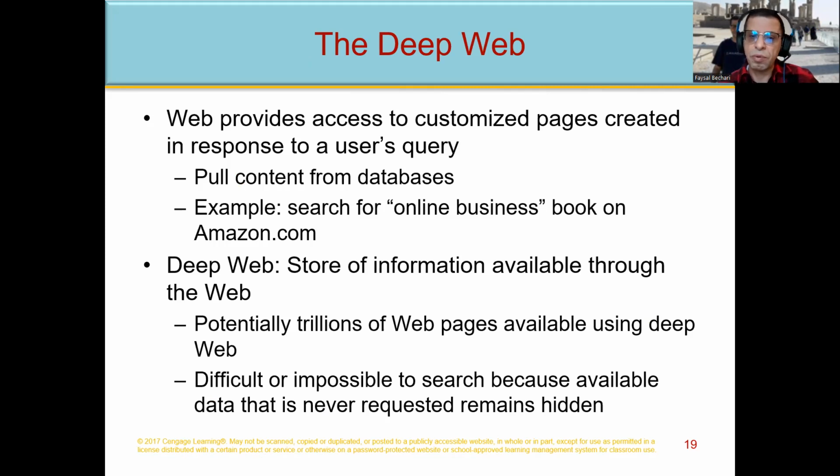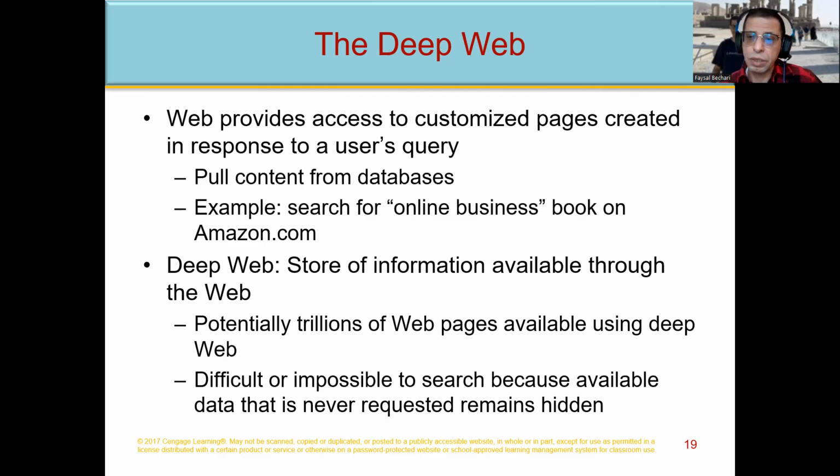For example, searching for an online book on Amazon pulls content from a database. It provides access to a customized page created in response to the user query. So you pull a book from Amazon, or you get something from a database.